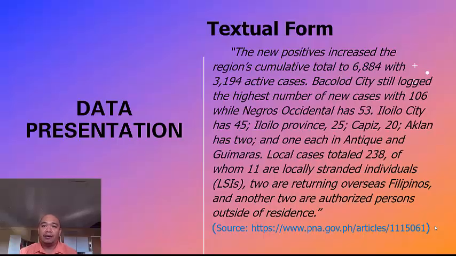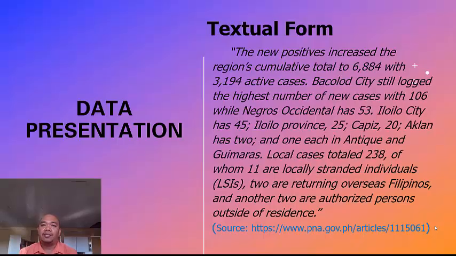This is an article from the internet. The new positives increased the region's cumulative total to 6,884 with 3,194 active cases.